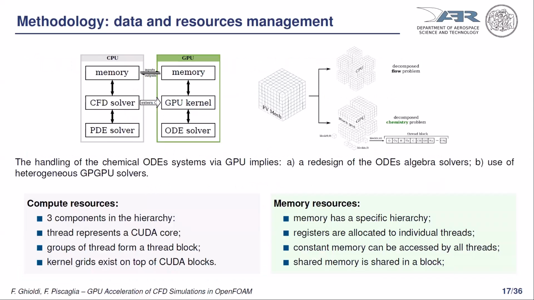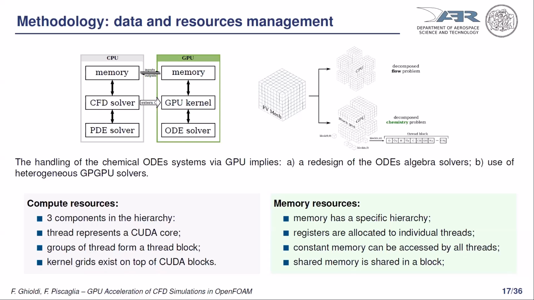In order to do that, we need to combine the CPU with the GPU by means of an extern C function, and we need to transfer certain data, not all the data, but certain necessary data from the CPU to the GPU, so from the memory of the CPU to the memory of the GPU. And once we are there, we need to, let's say, exploit the capabilities of the GPUs and the architecture that the GPU provides. So, of course, the GPU has a certain hierarchy.